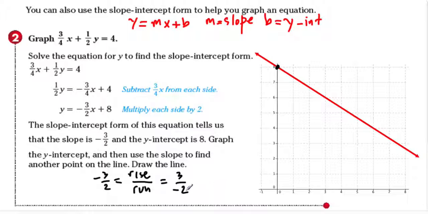Okay, so let's do negative 3 over 2, which means a rise of negative 3, a run of positive 2. Since it's a rise of negative 3, we go down 3. 1, 2, 3. Okay, and a run of 2. 1, 2.